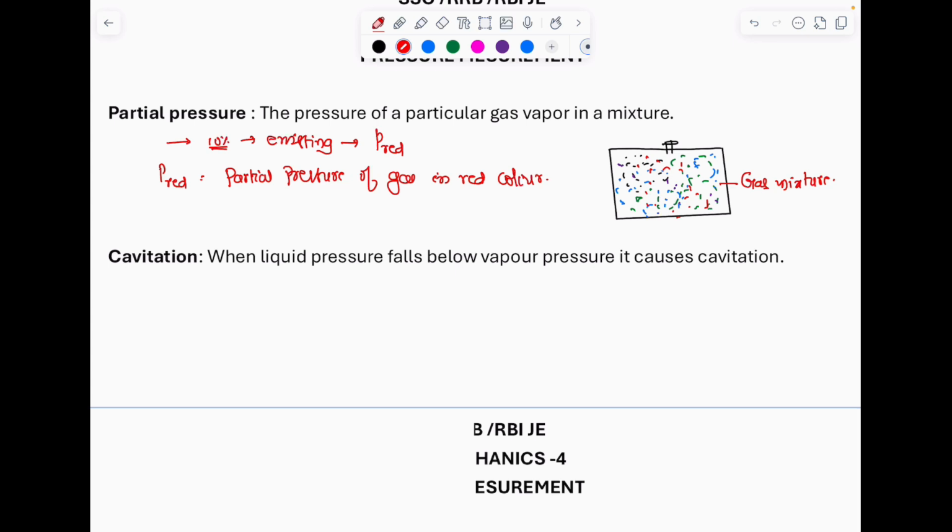Red color I have only given as a notation. Partial pressure is different from vapor pressure. Don't get confused between vapor pressure and partial pressure. Partial pressure is the pressure of a particular gas in a mixture of gases.